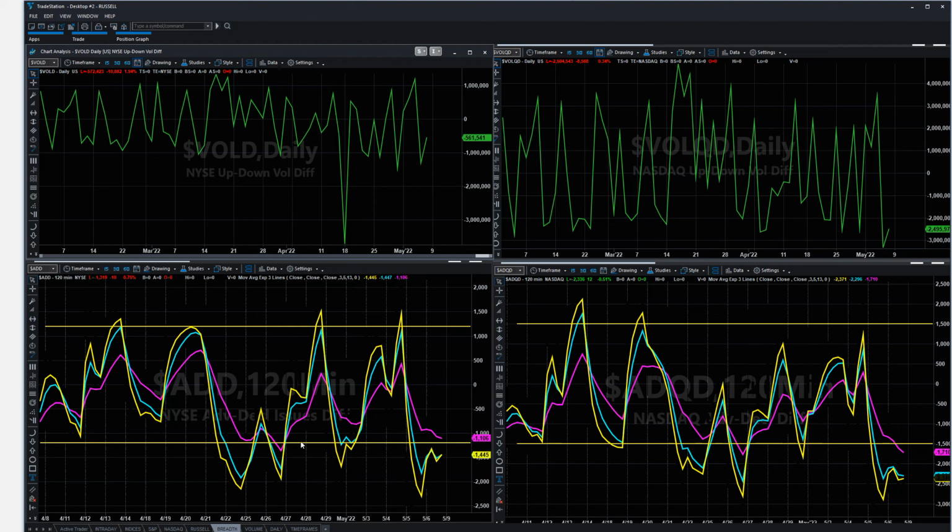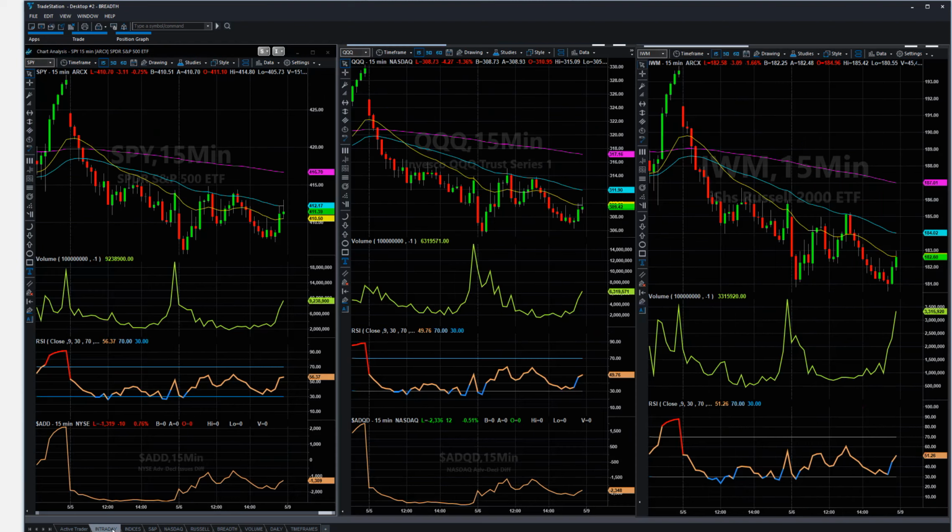I was a little surprised at Friday's trading, because I really thought that we were going to see more follow through to the downside than we saw. And you can see we had a little bit of a rotation back up. We had a lower low, a little bit of rotation back up, and then this pause that basically happened. Same thing in the Qs, a lower low, but then we had the rotation up and a pause. Same thing in the Russell, showing a little more weakness than the other indices.